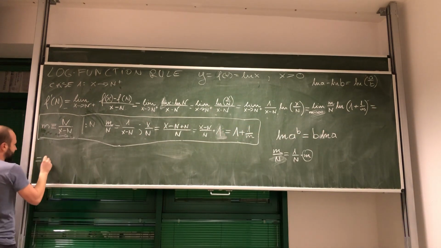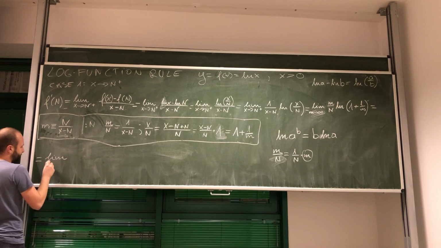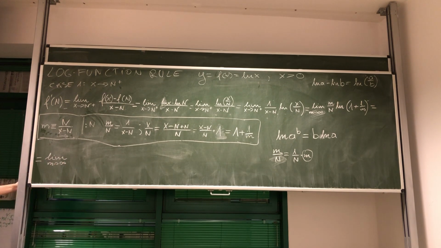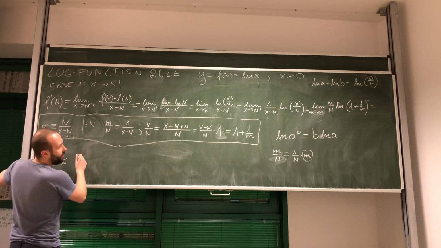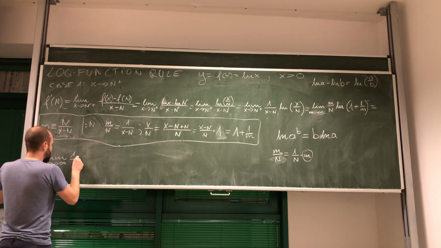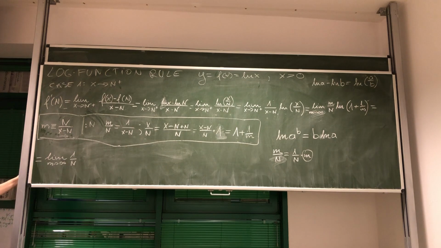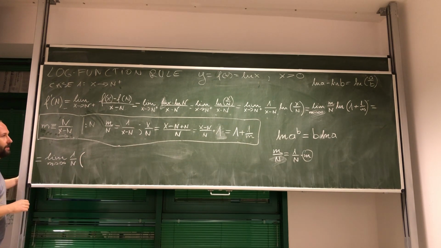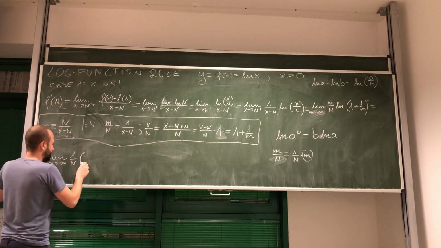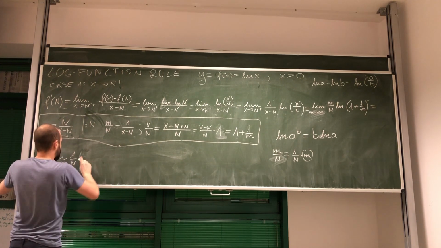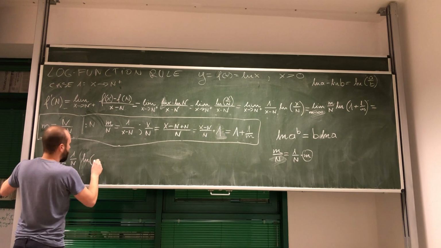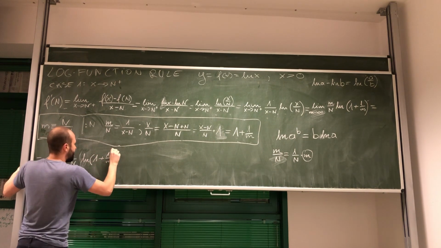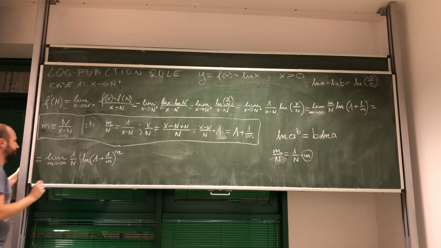So I can write the limit with m approaching infinity of 1 over n times ln of (1 plus 1 over m) to the power of m.